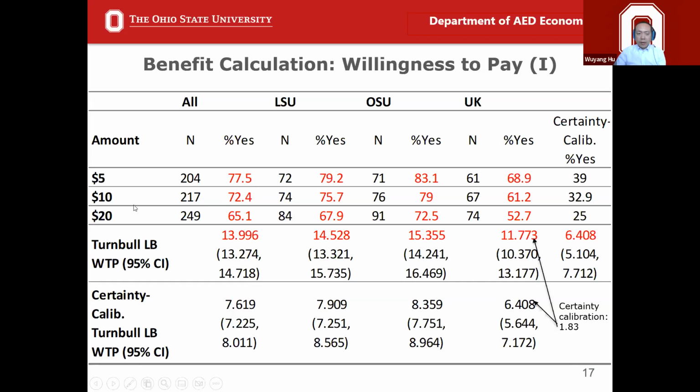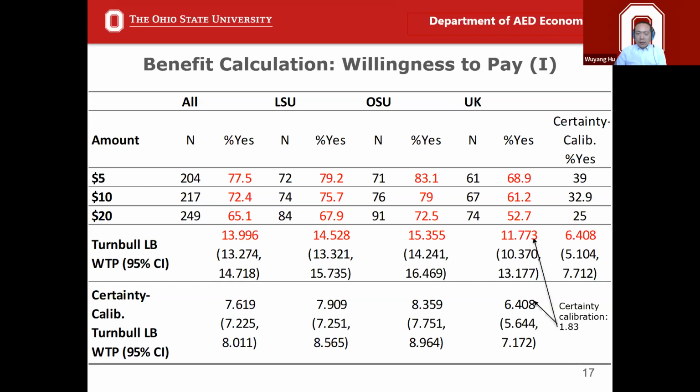If people are randomly assigned to the $10 scenario, only 72% say yes to that, and $20 even less. So this gives us the information that our survey respondents are sensitive to the price, to the cost of them being involved in terms of supporting.